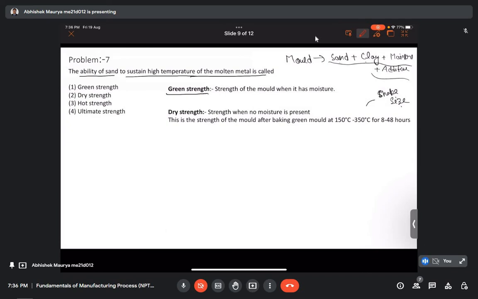If casting size is smaller, then it's okay, we can directly prepare a fresh mold and pour molten material directly inside the mold.